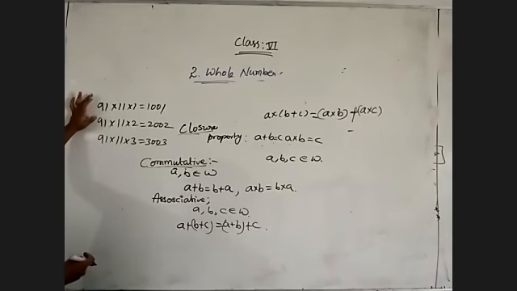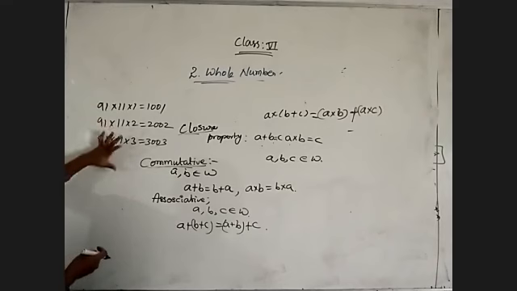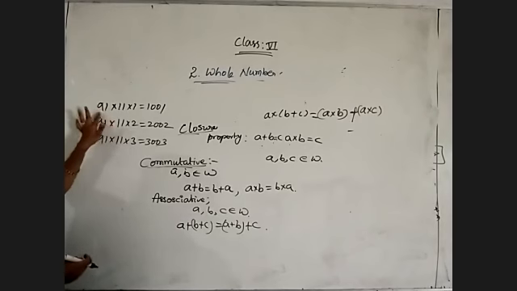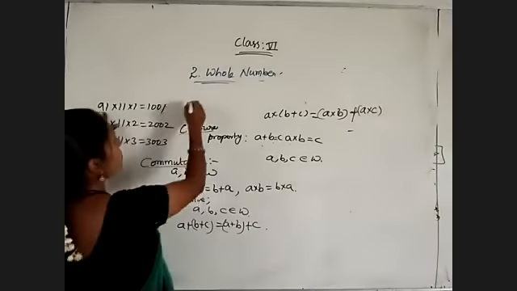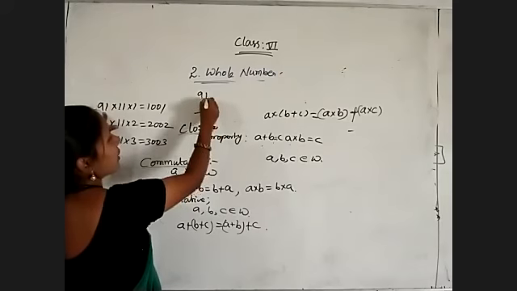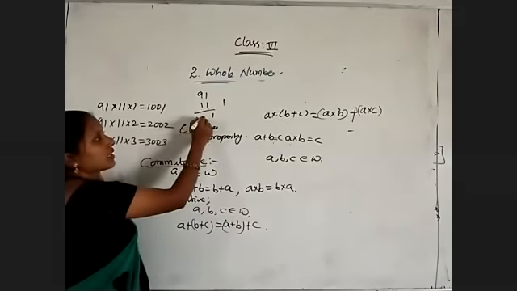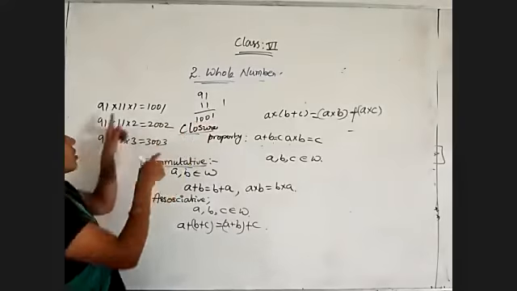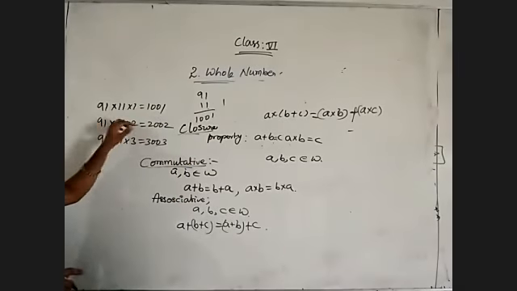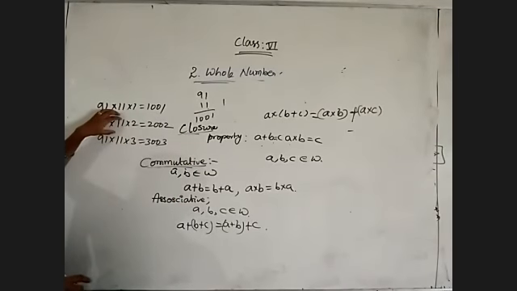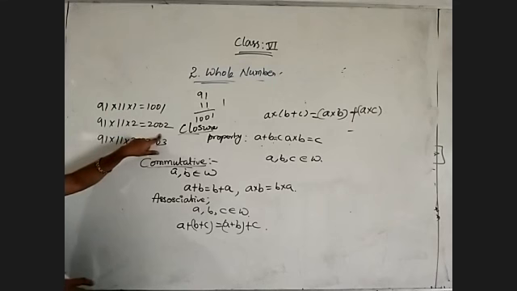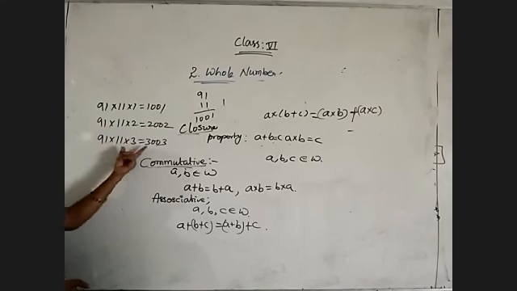See, observe, they have only given 3 steps. So observe if it is correct or not. If you have any doubt, observe. 91 into 11: 11 ones are 11, 11 nines are 99, 99 plus 100, so 1001. 1001 into 1 is 1001. 1001 into 2 is 2002. 1001 into 3 is 3003.